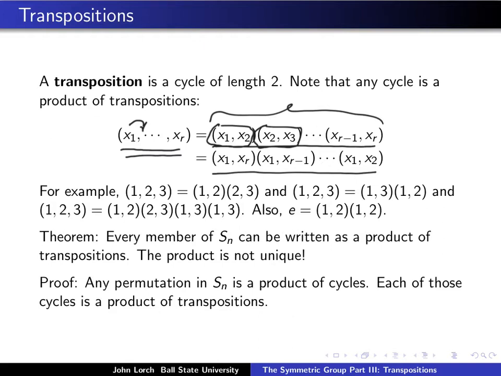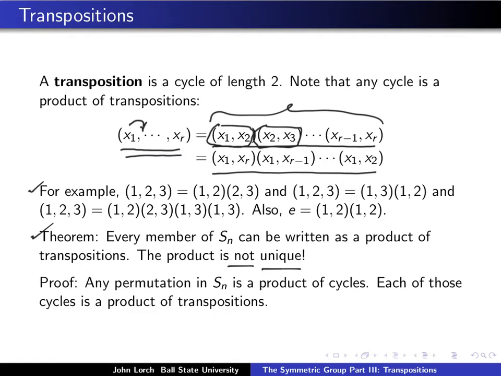So, here we have several specific examples where we write some cycles as products of transpositions. And the main thing is that any cycle, and therefore any member of Sn, can be written as a product of transpositions. But unlike the situation for disjoint cycles, the decomposition of a permutation into a product of transpositions is not unique.